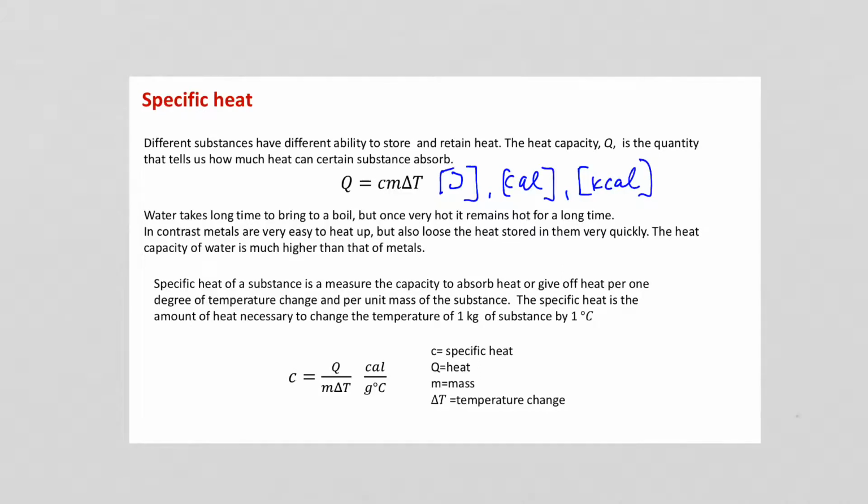And for the specific heat, we have calories per gram degrees Celsius, but other units that can be used would be joules per kilogram Kelvin, joules per kilogram degrees Celsius, kilocalories per kilogram degrees Celsius. So it depends on what the problem statement is and what the units are used in it for the various quantities. These are all possible units for the specific heat.